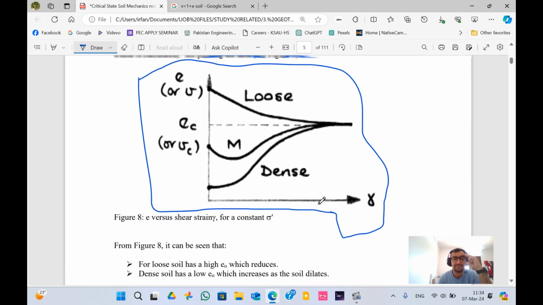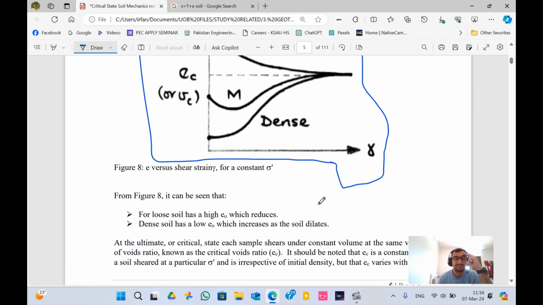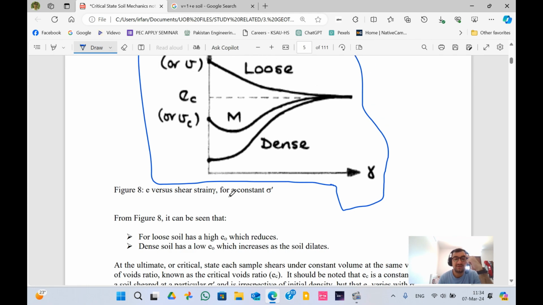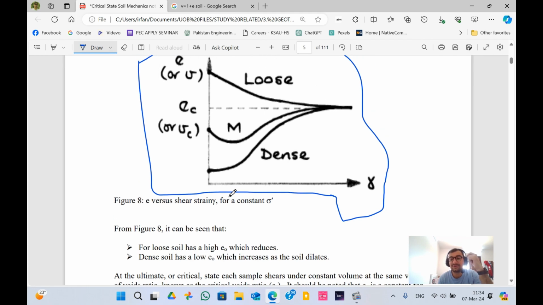From figure 8, the figure that we just studied, we can say that loose soil has a high e naught, which reduces. What does it mean? A loose soil means a lot of voids. So if we apply a constant stress over that soil, it continues to reduce its volume.